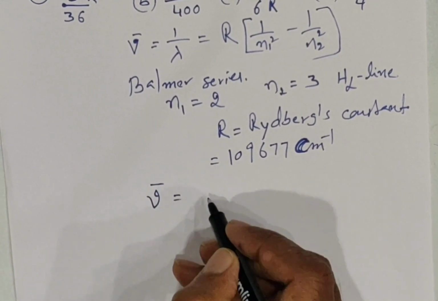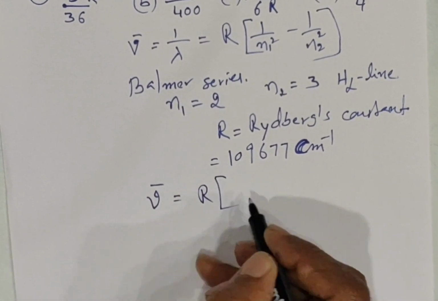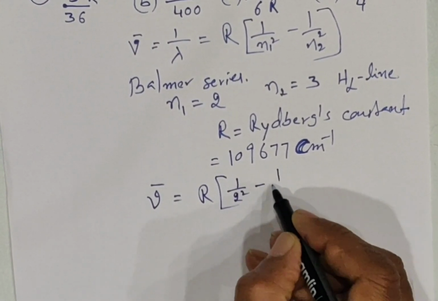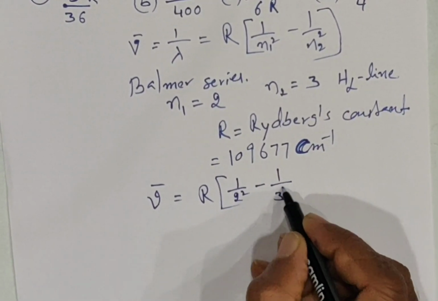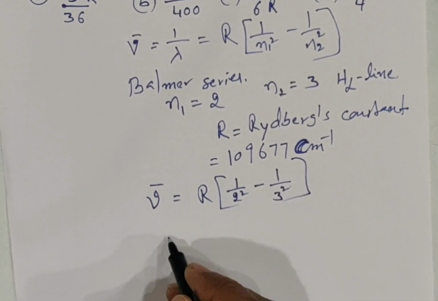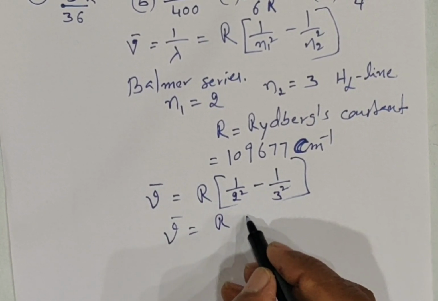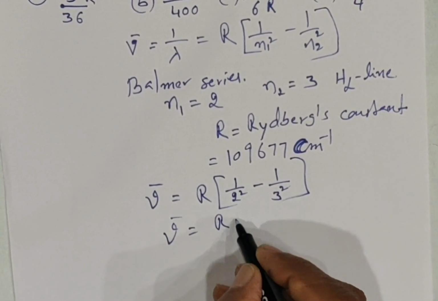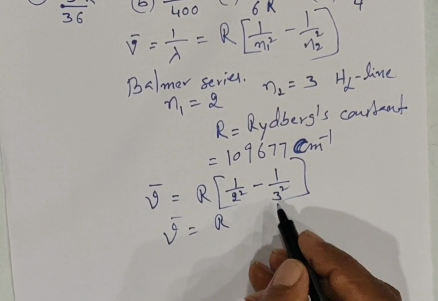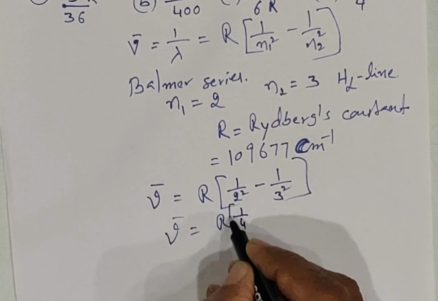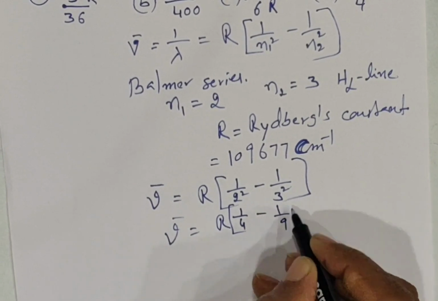Nu bar is equal to R into 1 by n1 square, that means 2 square, minus 1 by n2 square, that means 3 square. Right? Then on simplifying this, we will get R into 1 by 4 minus 1 by 9.